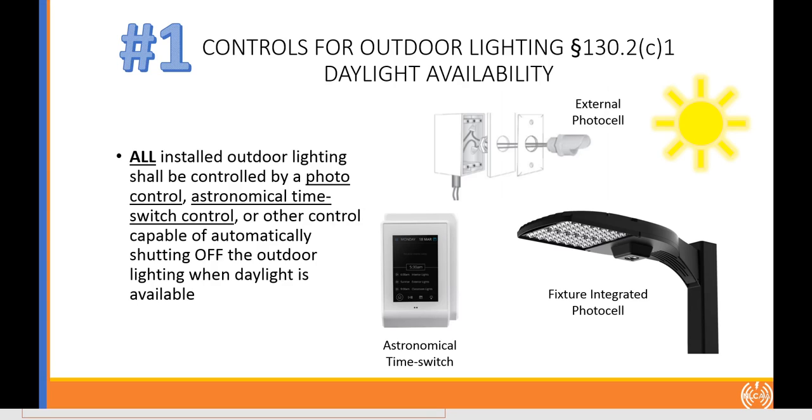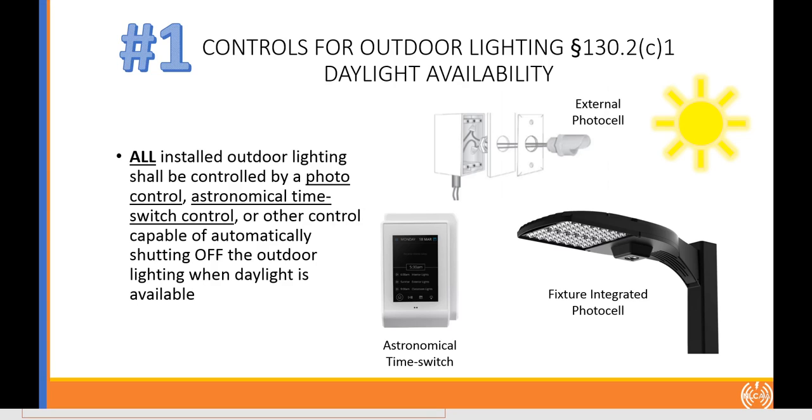Another acceptable method, instead of utilizing a photo control option, is utilizing an astronomical time switch. And all that is a time switch or a device that's able to predict time of day events based on dusk and dawn. And it accounts for geographic location, and it also accounts for calendar date. Obviously, that's important if we're going to do lighting controls without a photocell.